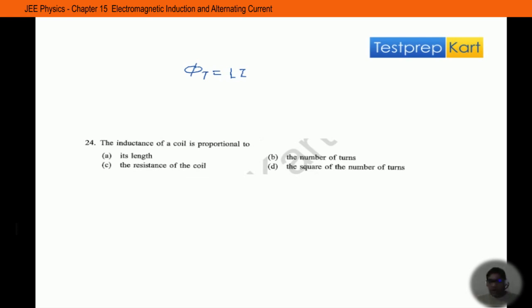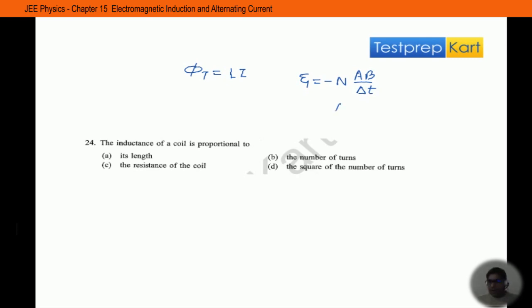And EMF induced is minus N Δphi over Δt, where Δphi is N into area into magnetic field, divided by Δt.